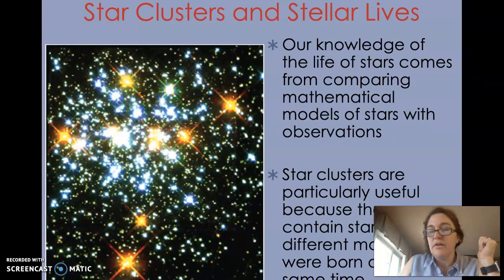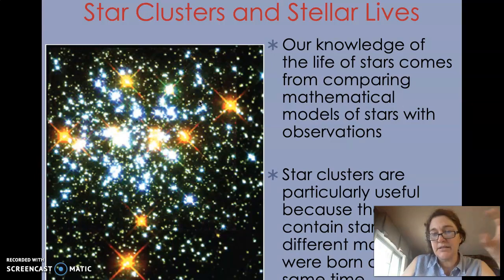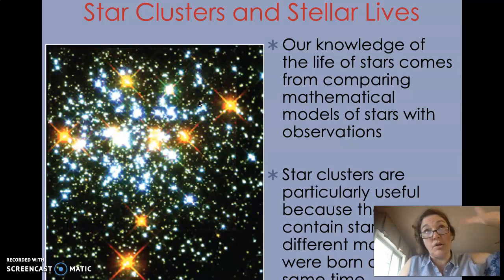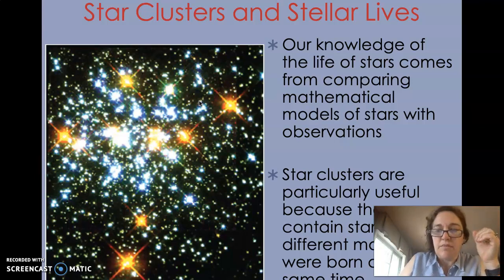There we go. So when we look at star clusters, these are groups of stars that exist gravitationally attached to each other in the universe. They can be within a galaxy.